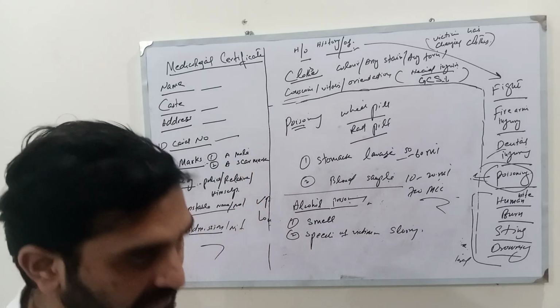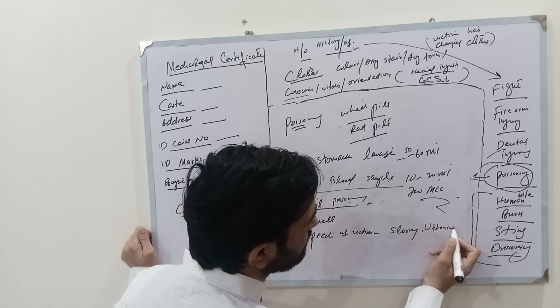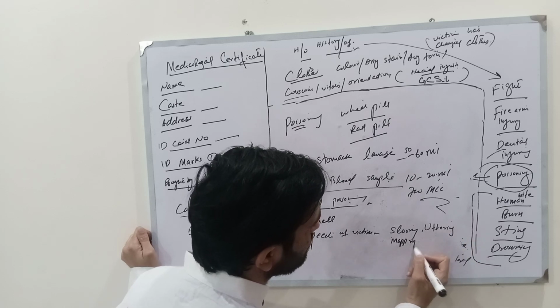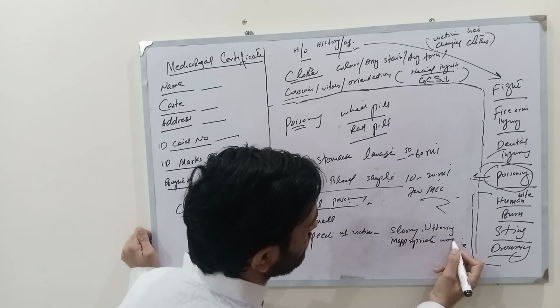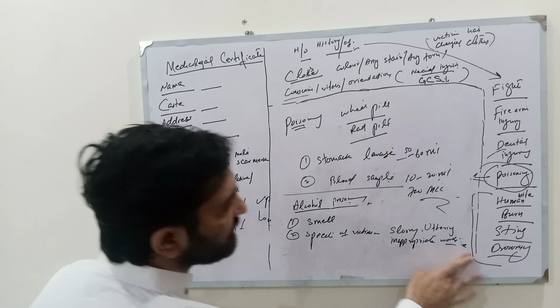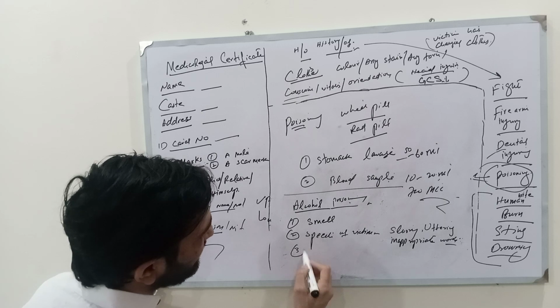or the victim is uttering inappropriate words. Next thing which you have to look for in alcohol poisoning is gait.